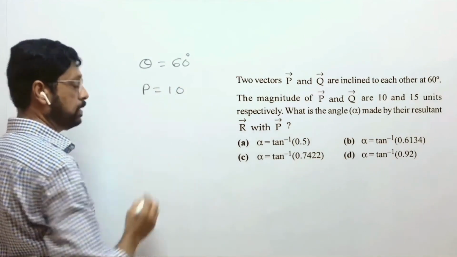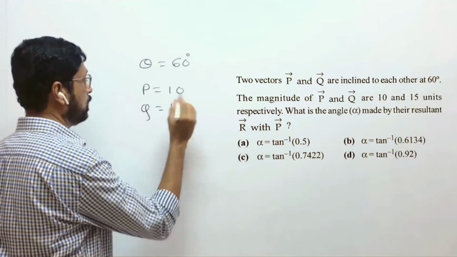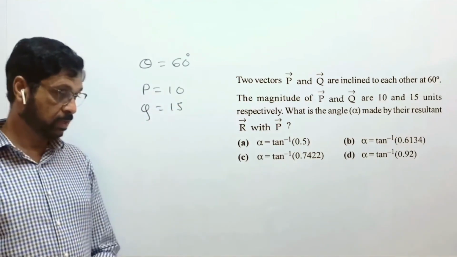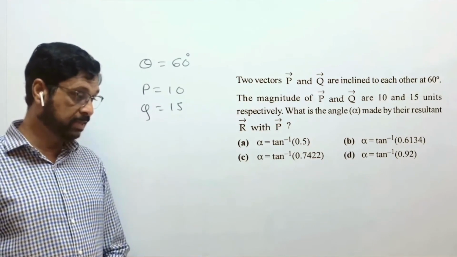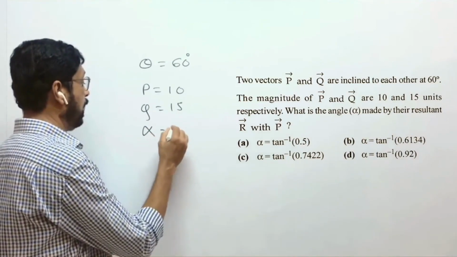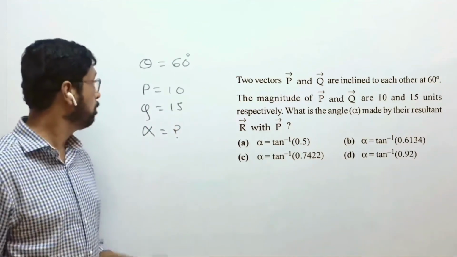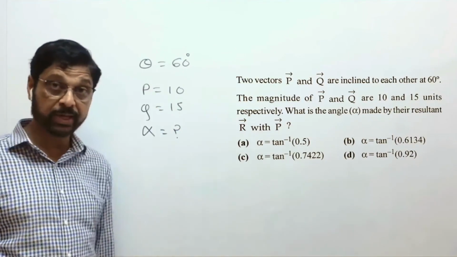Magnitude of P is 10 unit. Magnitude of Q is 15 units. What is the angle alpha made by the resultant R with P? Alpha is equal to what? The angle made by the resultant with P, where P is the first vector.